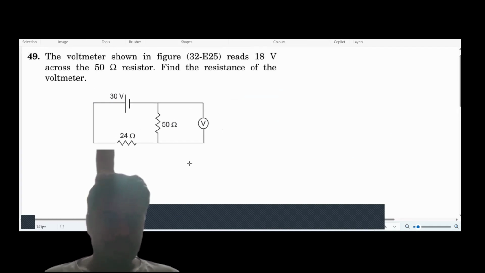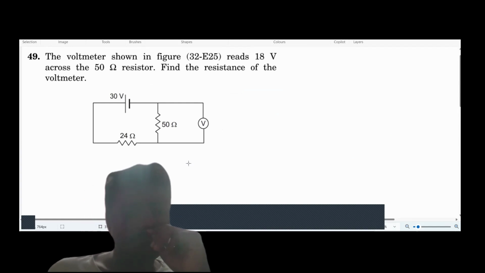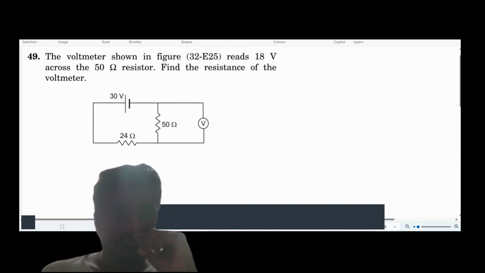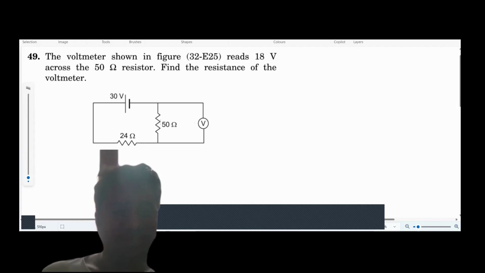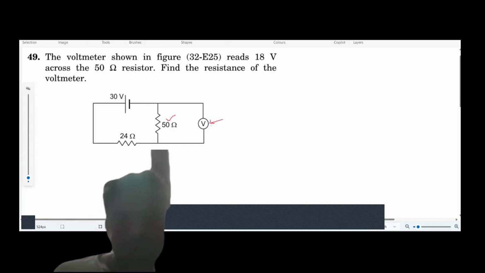So question 49, page number 201 from HC Verma, the current electricity chapter. The voltmeter shown has been connected across the 50 ohm resistor. This is the voltmeter.